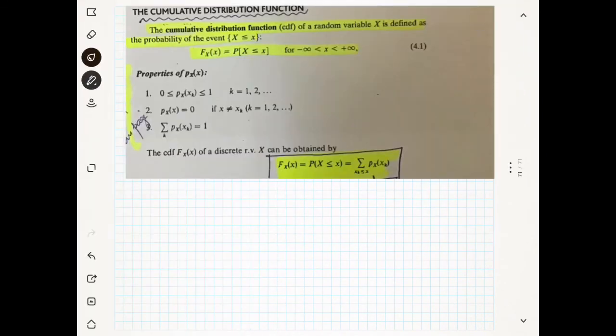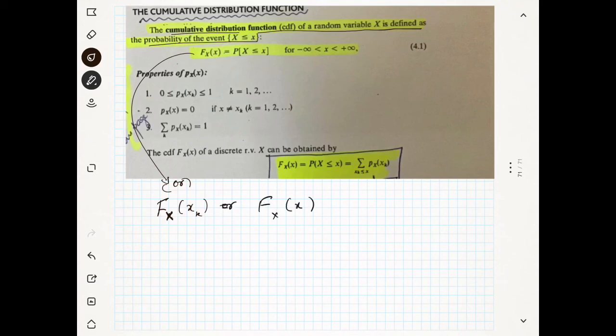The cumulative distribution function of a random variable x is defined as the probability of the event x less than or equal to xk. I can also represent it like that, there is no issue. So, this is the notation. I can represent the same thing in another way also, FX of xk, or FX of x, which is more general.